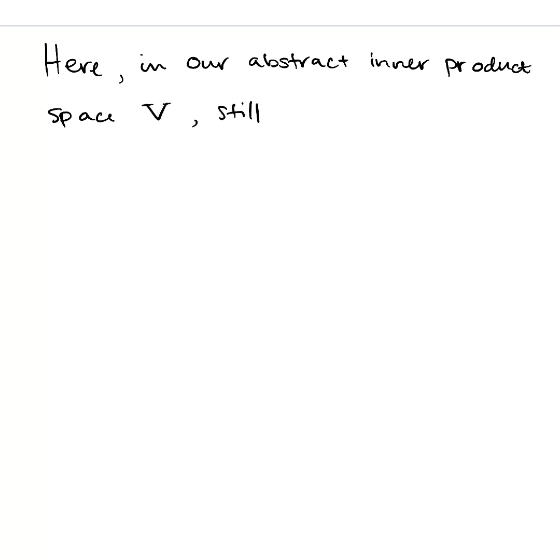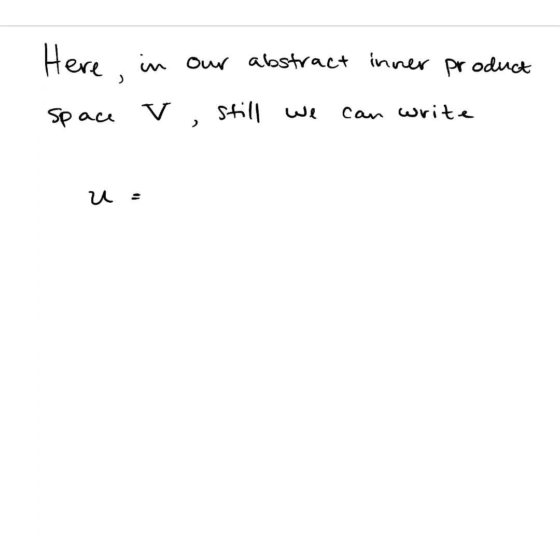So here, in our abstract inner product space, V, still, we can write an arbitrary vector u as some multiple of another vector v plus a vector perpendicular to v.